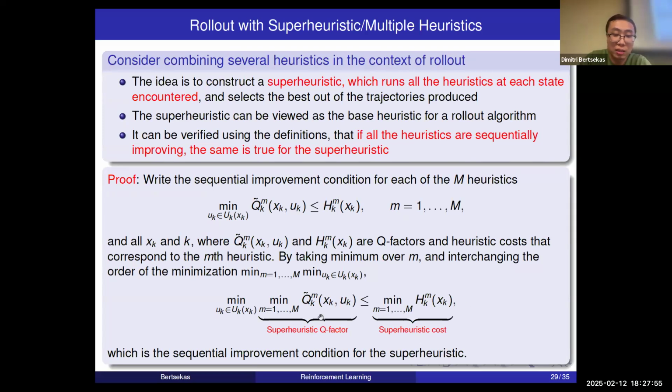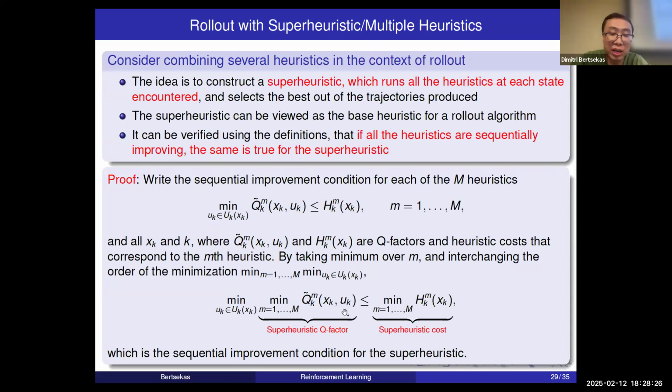And what this inside expression says is that at state xk, for every control uk, we run all base heuristics and find out the one which is the smallest of the M heuristics, and that Q factor would represent the cost for uk.